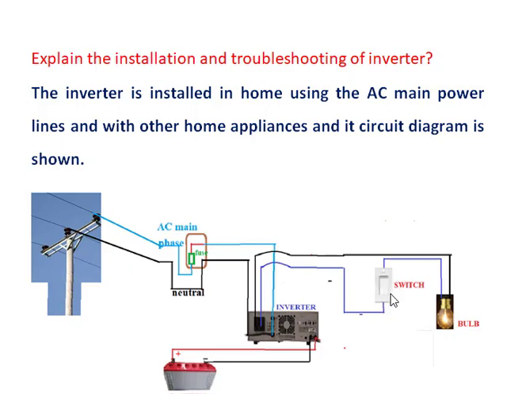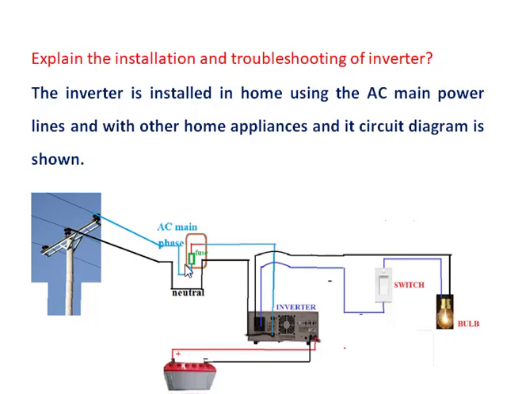using the switch. The other power line is stepped down and converted into DC voltage, and the DC voltage is supplied to the battery. So a 220 volts AC is coming from the street power main post.